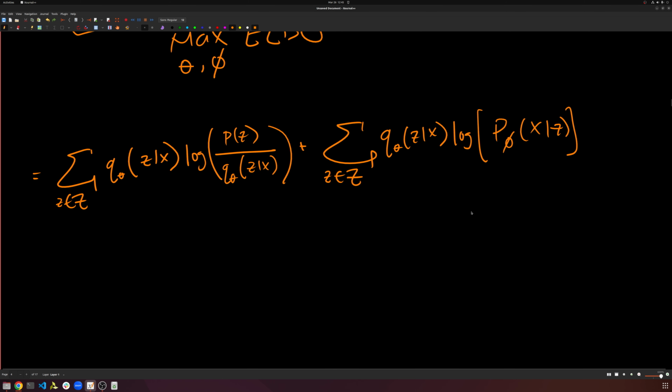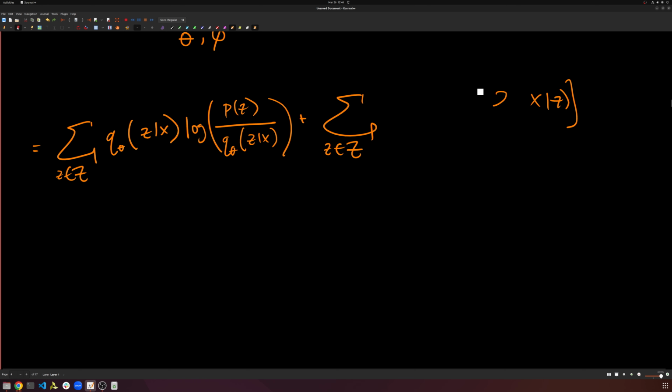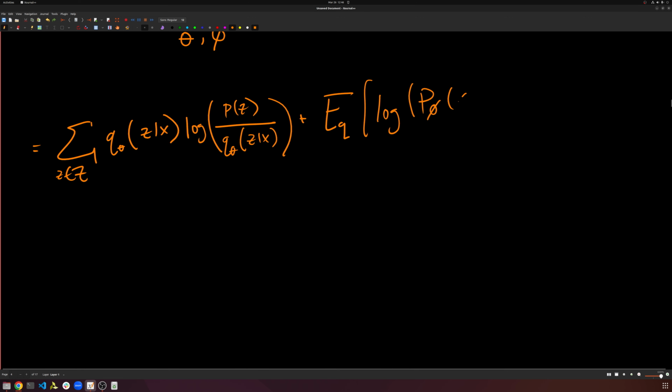And so we can go ahead and leave this alone for now. This is fine. Notice again, this is a sum over some distribution times some expression. So this is just expected value again. And so we can write it this way, as the expectation over the distribution Q, because that's what we're weighting by, of our log p phi of x given z, just like that.